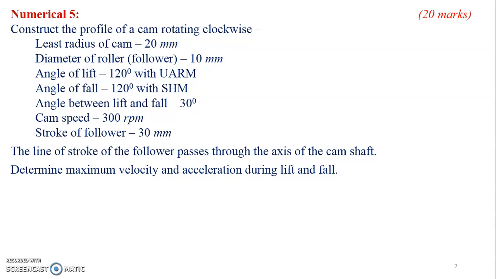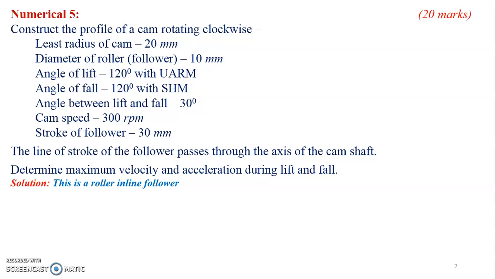In this particular problem, if you observe, angle of lift is 120 degree with UARM, which follows uniform acceleration retardation motion, whereas the angle of fall is another 120 degree, but that follows simple harmonic motion. So this is the difference here. The angle of lift will follow UARM, and the angle of fall will follow simple harmonic motion. So how do we solve the problem? That's what we're going to see.